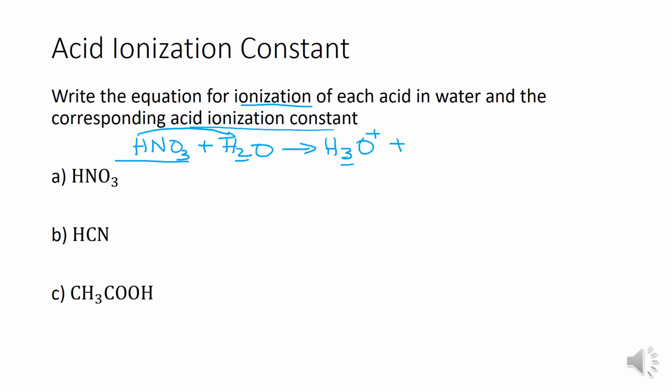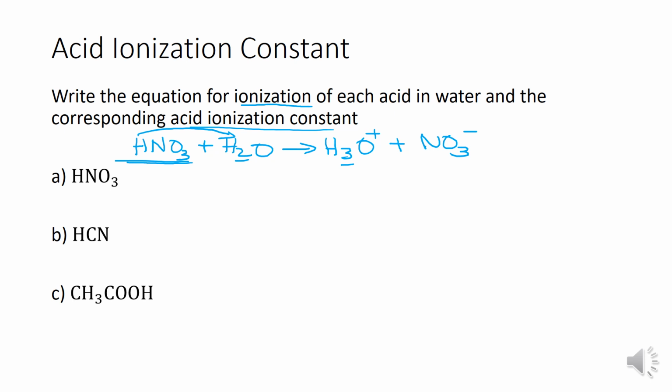So let's remove hydrogen, therefore we have NO3. Now since the nitric acid is neutral and it lost a hydrogen ion, the charge of NO3 is now 0 minus positive 1, so that is negative 1. So this is the chemical equation for the ionization of nitric acid in water.